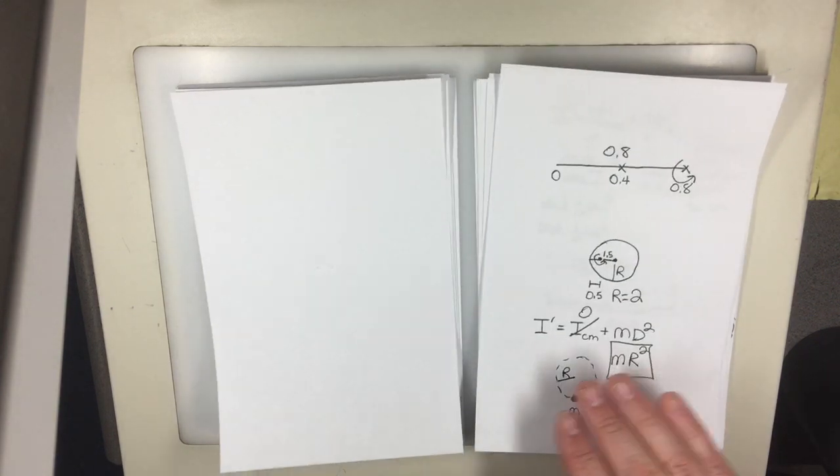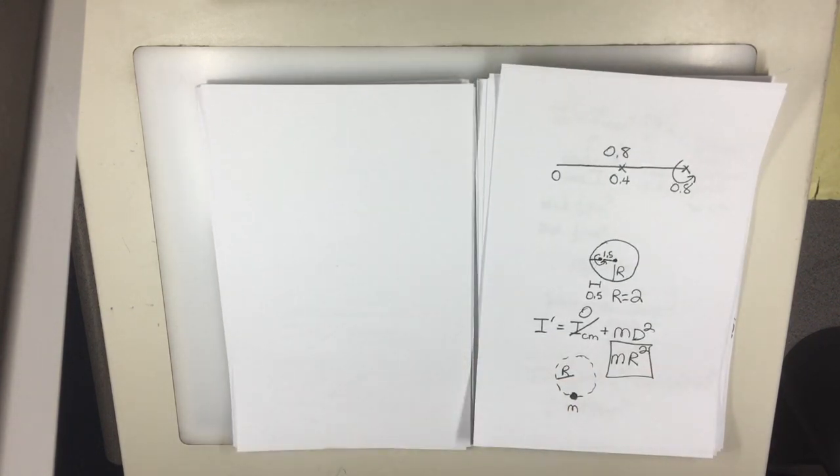I will keep the geometry simple. I think in something like this, there will only be one object, either a stick or a disk, where it is off-center and you have to use the parallel axis theorem. I'm not sure how I would use it. It depends on how confident I am in you guys.